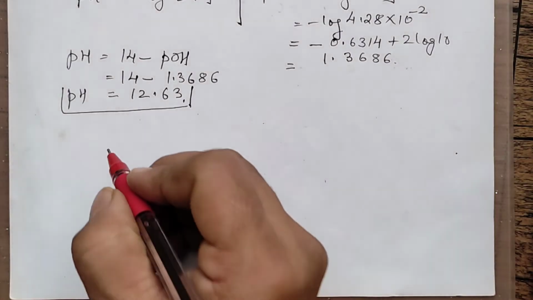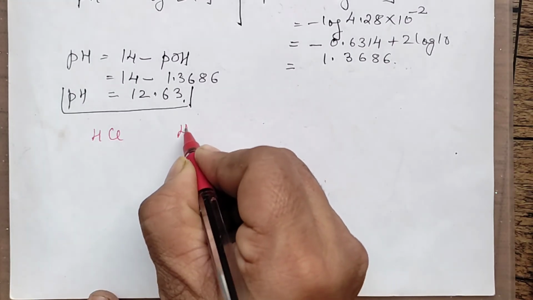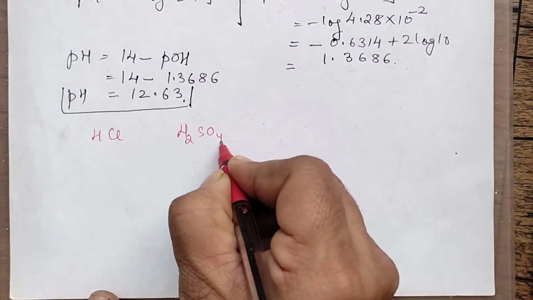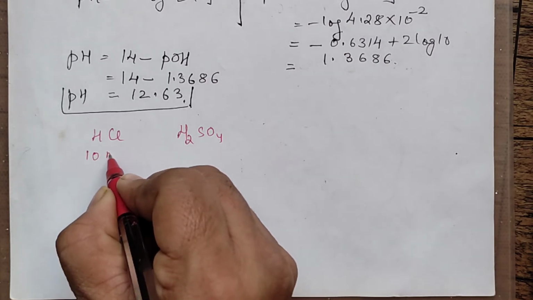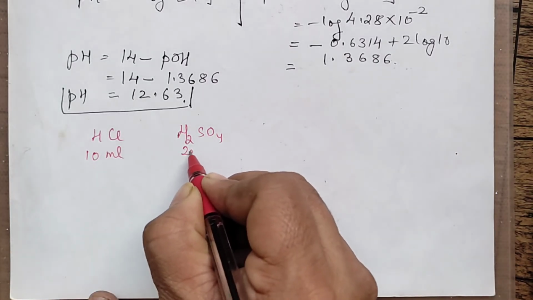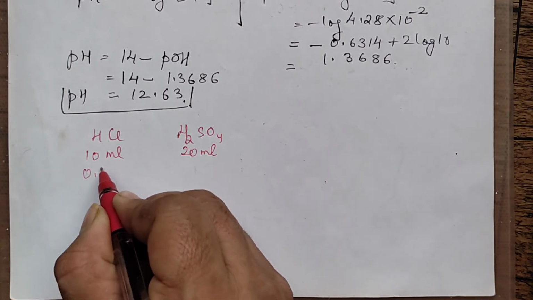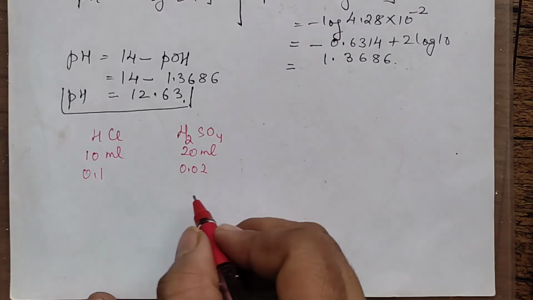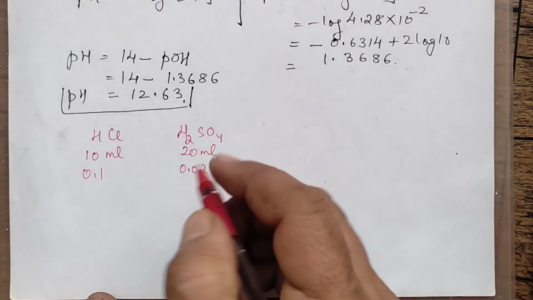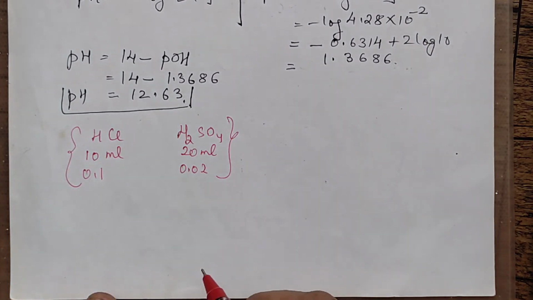Now suppose the question would have been HCl and sulfuric acid. These two solutions are mixed, for example, 10 ml of one and 20 ml of the other, with molarity 0.1 molar and 0.02 molar, and they ask you to find the pH of the mixture, that is, when we mix two acids.